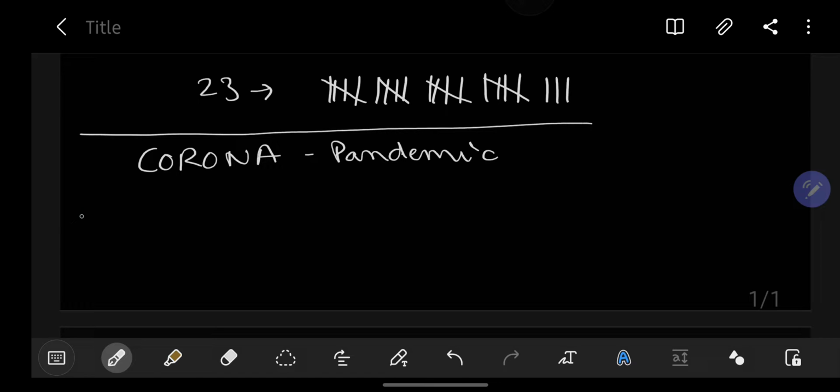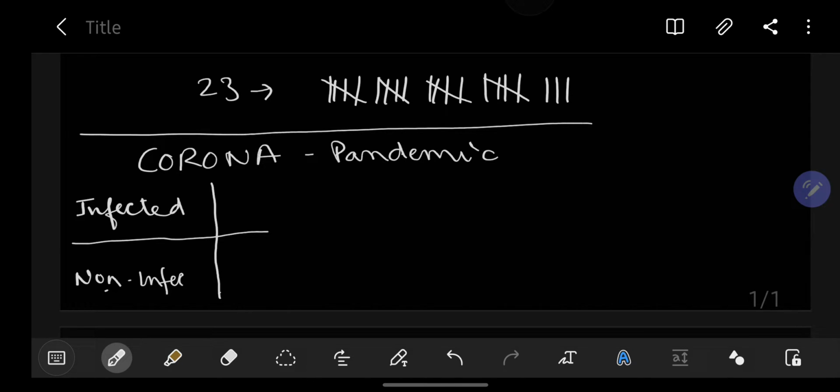First of all would be the number of infected people. So we will divide the table in 2: infected and non-infected. Here we can again divide these into recovered, death, and still infected.